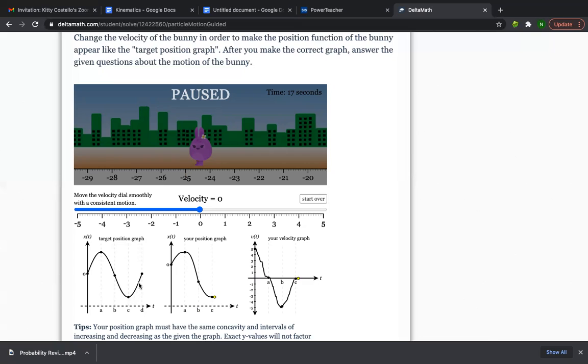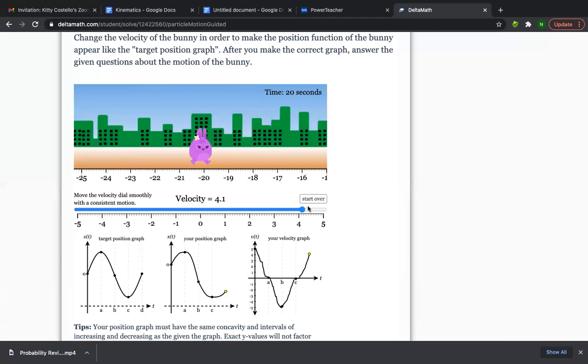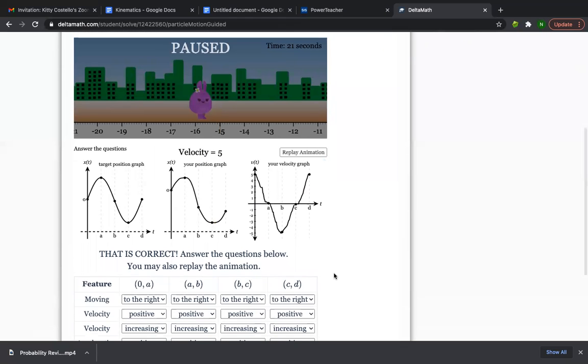Now the slope here is positive, meaning I'm going to have positive y values. It's also concave up, meaning that it is going to have a positive slope. So I'm just going to continue in the same direction. And that's it. So the more you practice these, the easier they'll get.